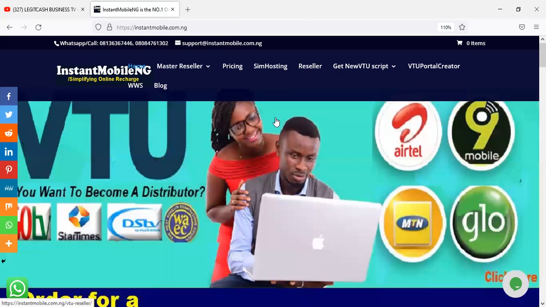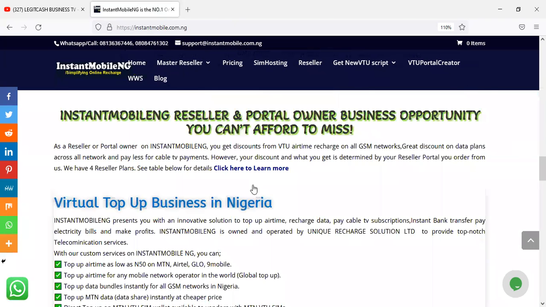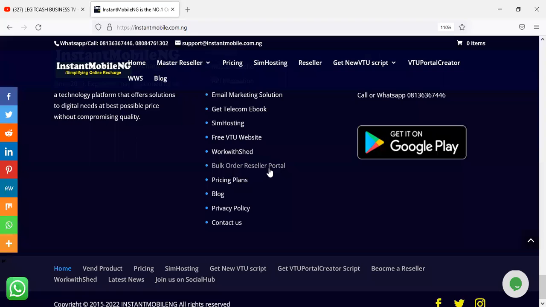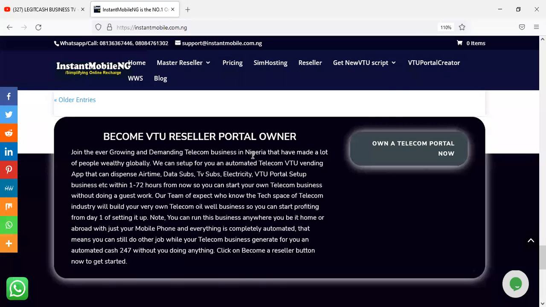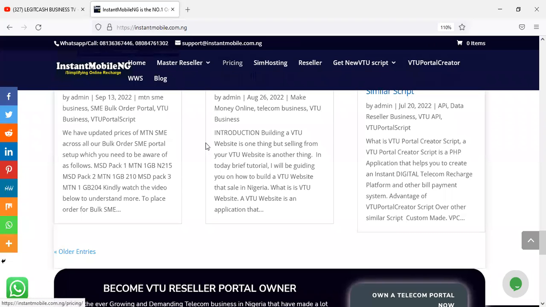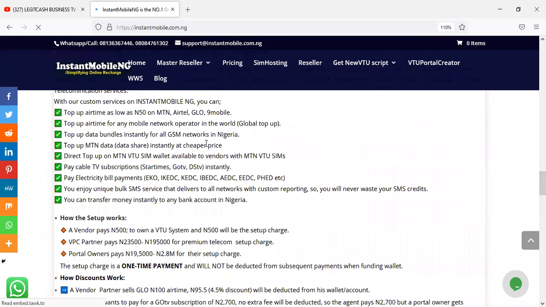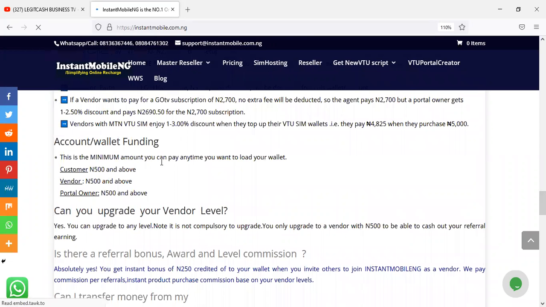We started a program called bulk VTU order, which is now up to 5 months old and is working strong. You can also pick a package from here. If you are interested in getting started, all you have to do is make up your mind on the package you want to pick. Click on the pricing sections, evaluate the prices across each of the packages, pick one, make your payment, and communicate to our support team on WhatsApp.